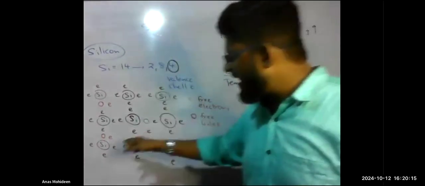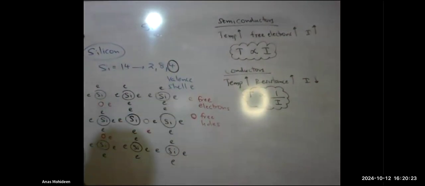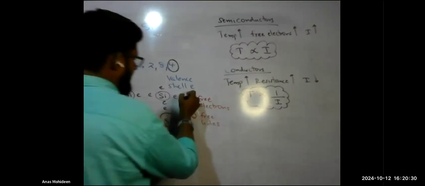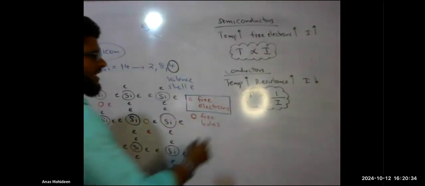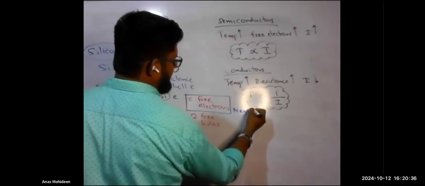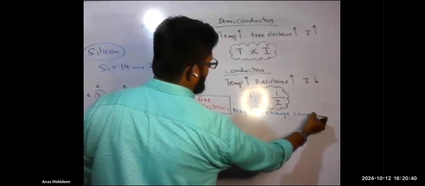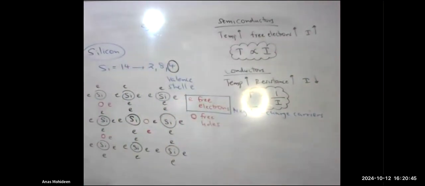So what I have given in red color, look at this: free holes and free electrons. Free electrons are minus, right? So the free electrons are the negative charge carriers in semiconductors.